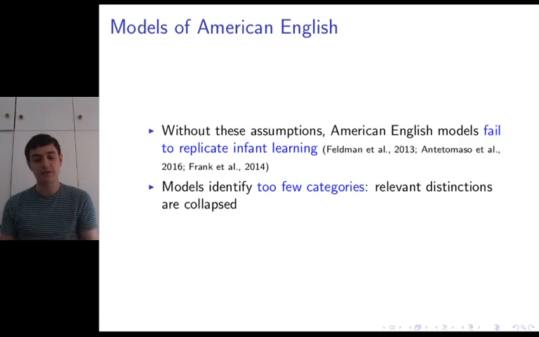Naomi Feldman's work is something that I'm going to highlight in a moment or two. Generally the results of these models identify too few categories. And so what we predict from this is that if children are exposed to the acoustics that we see in American English, they should collapse or fail to remain sensitive to distinctions that are relevant in their native language.